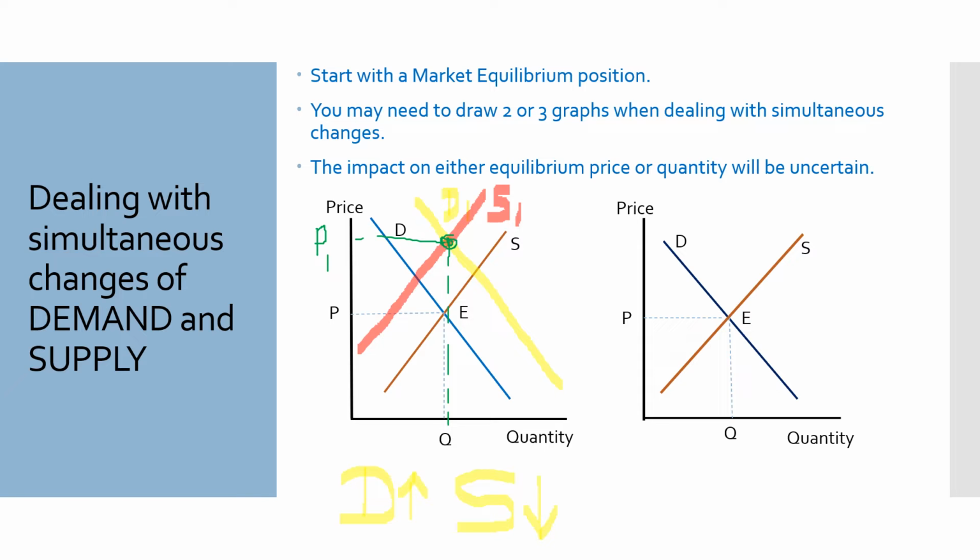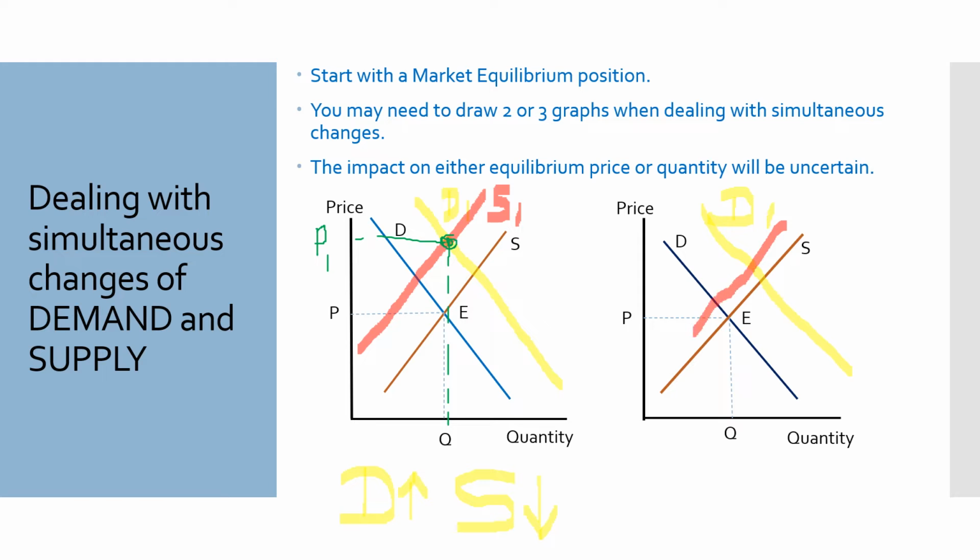So I'm going to do the same changes again. I'm going to show a shift in demand to the right. Let me just get my colors back. So my demand curve is going to shift to the right, much the same as it did before. But now when I change supply, I'm going to change supply by less. So let's go in, and I'm going to make my shift in supply very small.